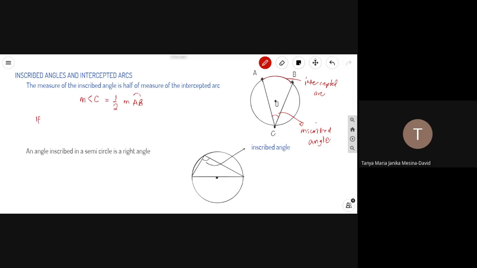So if arc AB is 75 degrees, then angle C is one half times 75, which is 37.5 degrees.